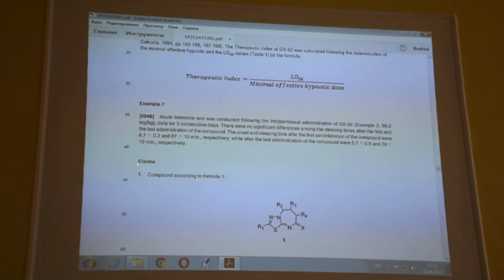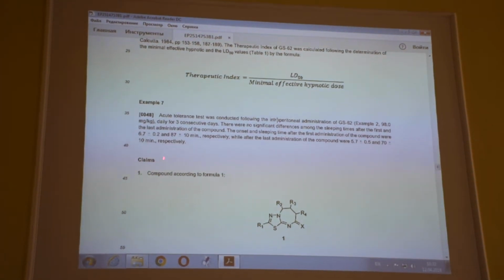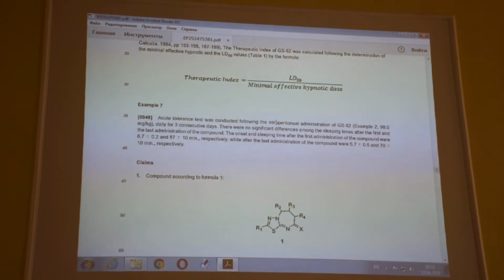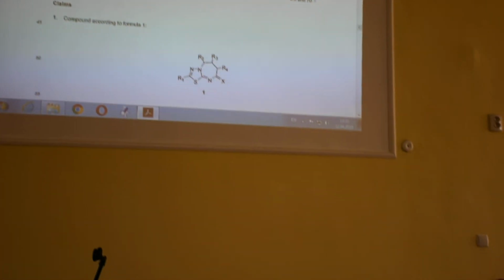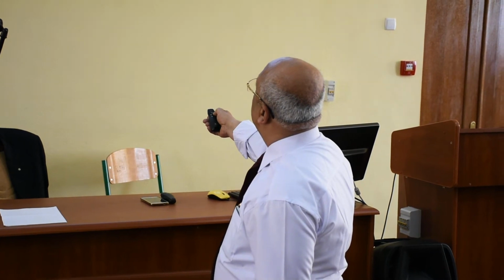And now, this is the most important part in the patent, which is called claims. These claims will summarize the valuable information you want to protect. And when you take it to the court, the judge will never look at anything but the claims, as you see.